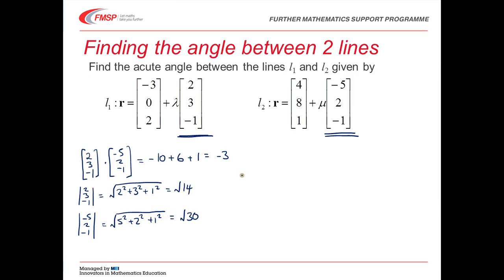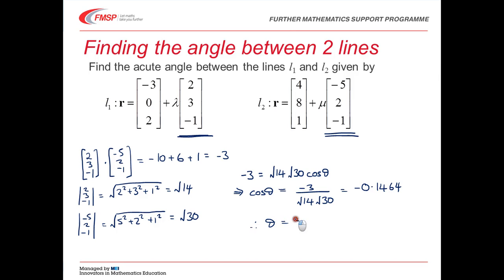So the dot product, minus 3, is equal to mod of the first vector, root 14, mod of the second vector, root 30, cos theta, where theta is the angle between them. So now I can work out cos theta. Cos theta is minus 3 over root 14 root 30, which is minus 0.1464, and therefore theta is 98.4 degrees.